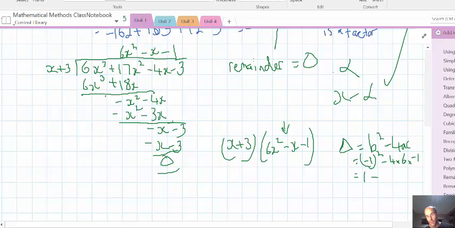That's 1 minus negative 24, which is 1 plus 24, which is 25, so it can be factorized. We need two numbers that multiply to be negative 6 and add to be negative 1.